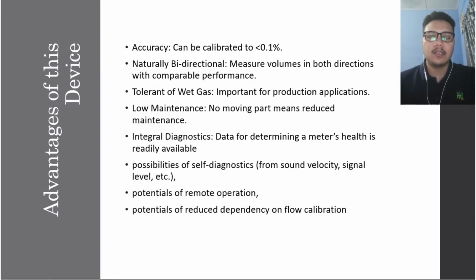Next is tolerant of wet gas, so it's important for production application. And next, it has low maintenance, which means it has no moving parts. So next is integral diagnostics. Data for determining a meter's health is readily available.